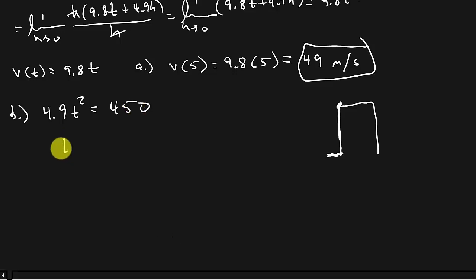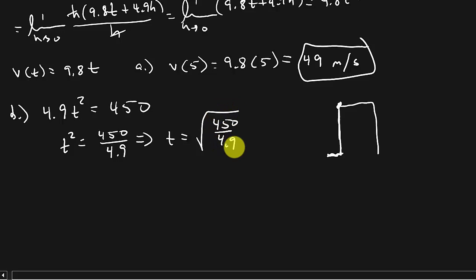So I get t squared is equal to 450 over 4.9. And so this tells me that t is equal to the square root of 450 over 4.9. That's the time the ball hits the ground, which if we put that in our calculator, is about 9.6 seconds.